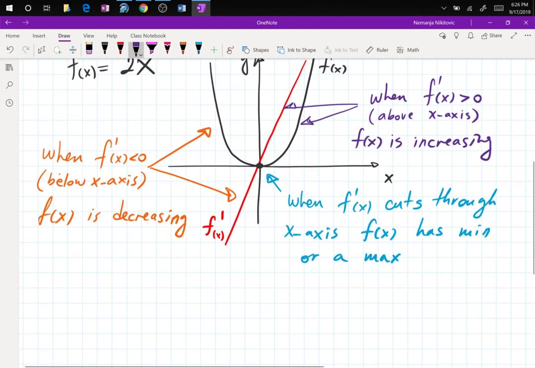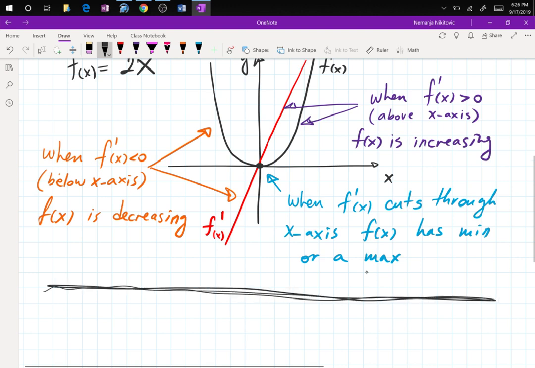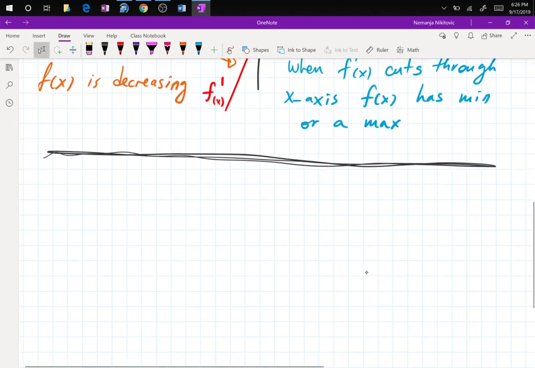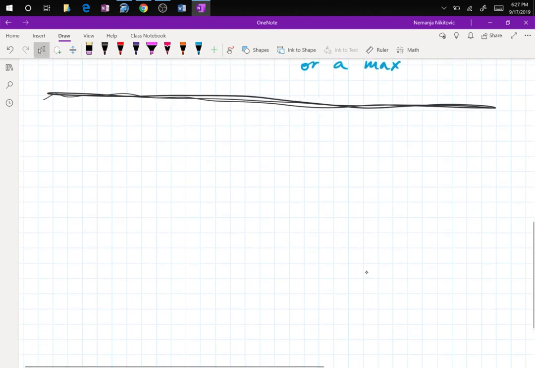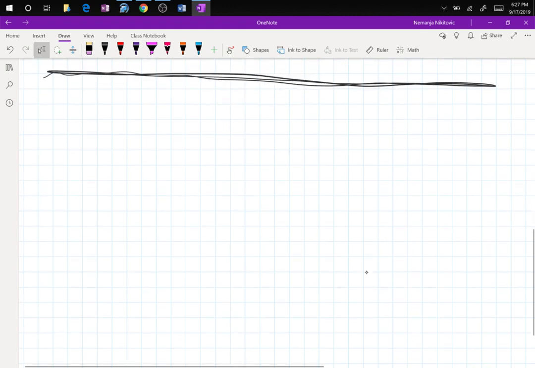So now I'm going to come up with a completely new problem. And take a look at what we might have as a derivative. You are able to sketch the graph of the derivative function looking at the graph of the function without doing any calculations, which is really cool.